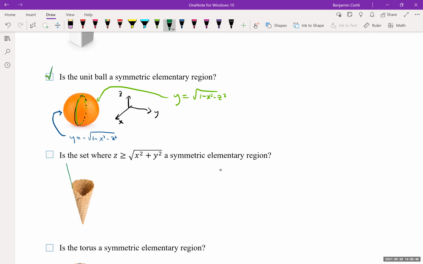Okay, so the torus, I think I saw some no's there. The torus is a negatory. Why is that? How about Ziyuan? Well, I just remember from the lecture that you can make a line across the y-axis and it would intersect the torus at 4 points.